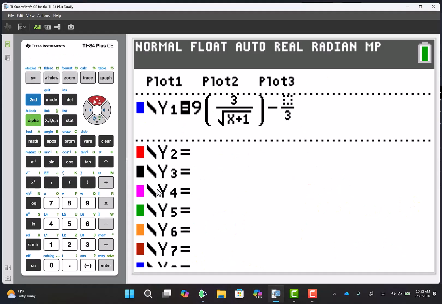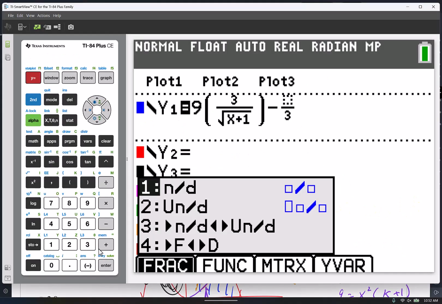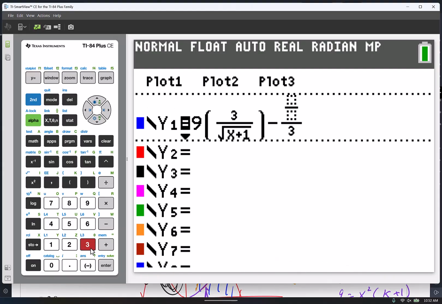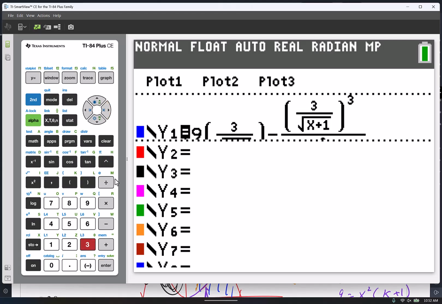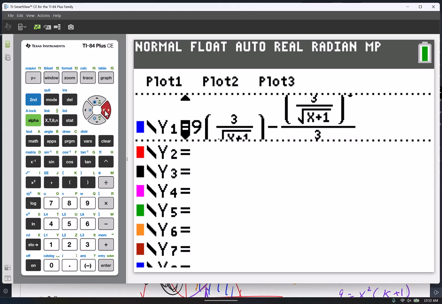Okay, parenthesis. So let's do it again. Alpha y equals, enter. And I have a 3 there. And square root of k plus 1. With it to the power of 3 or no? Okay, so let me put that in parentheses. Parenthesis here, and parenthesis here. And power 3, right? Okay, there it is. And minus again.